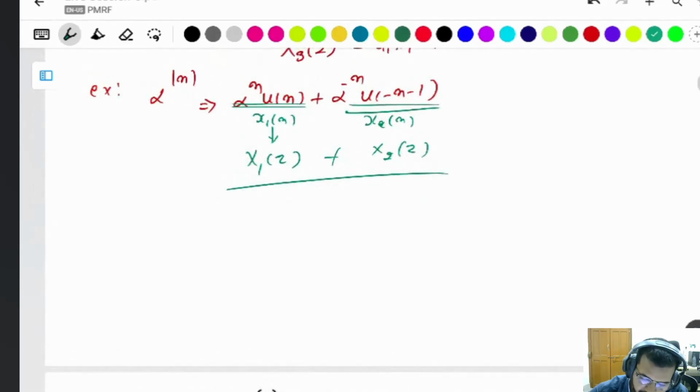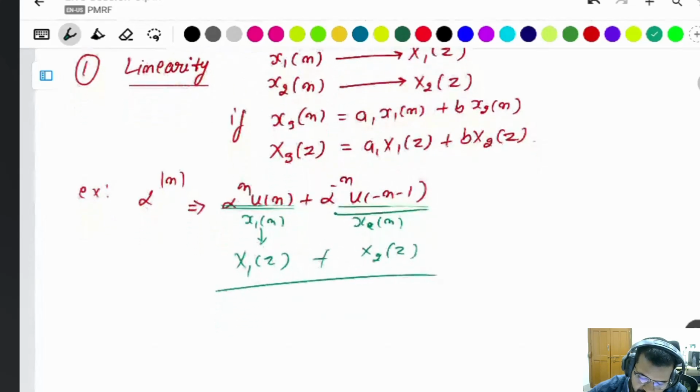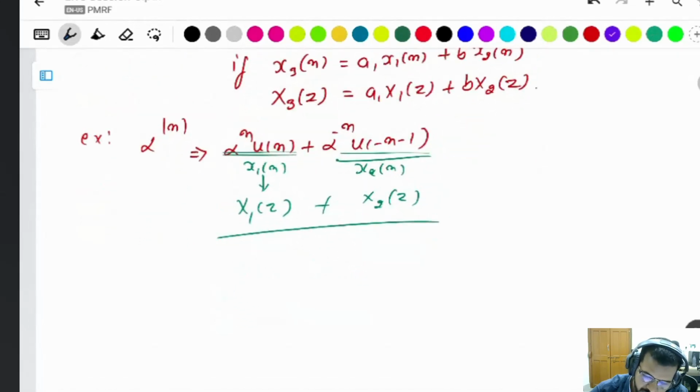Next is the shifting property: time shifting, delay or advance.